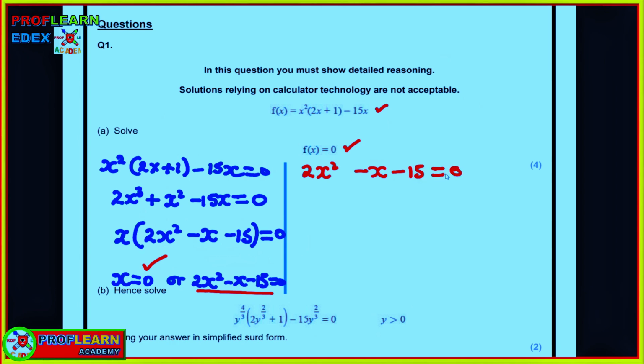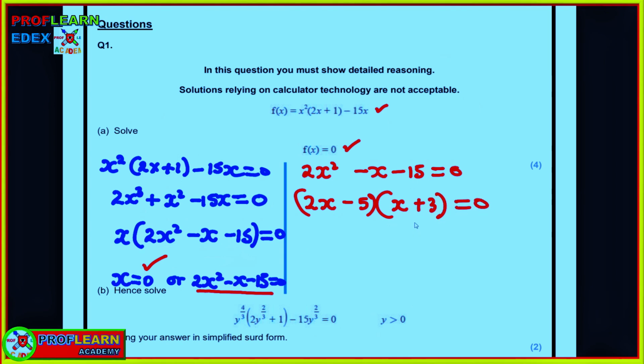So if we are going to work this out, we can decide to use factorization, or we can use the quadratic formula here. And of course, if we factorize, we are going to have (2x minus 5)(x plus 3) equals 0.